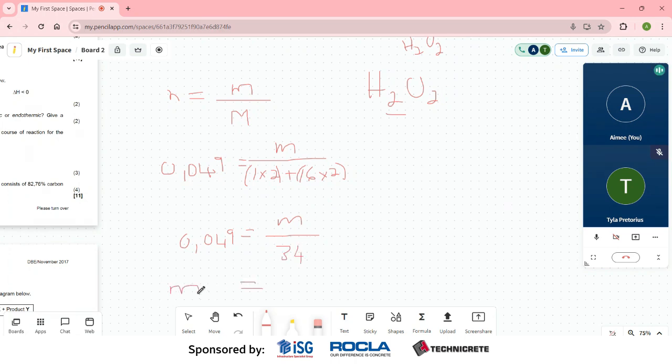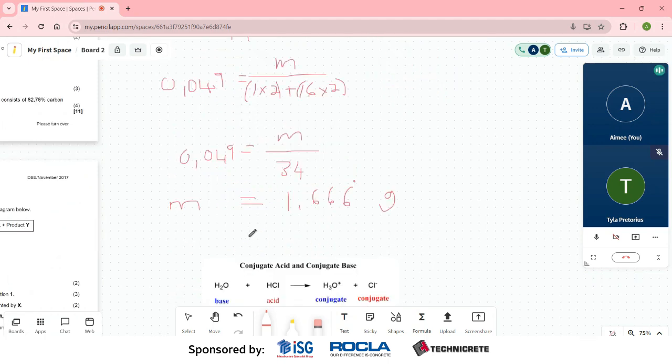You solve for small m, so 0.049 multiplied by 34 gives me 1.666 recurring grams, which can also be written as 1.67 grams.